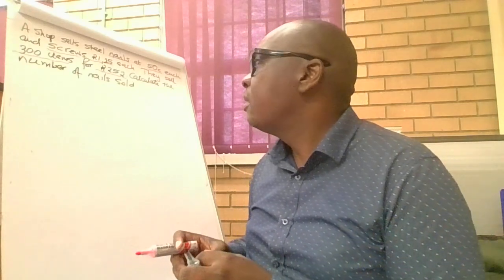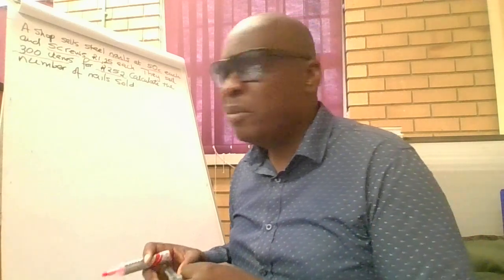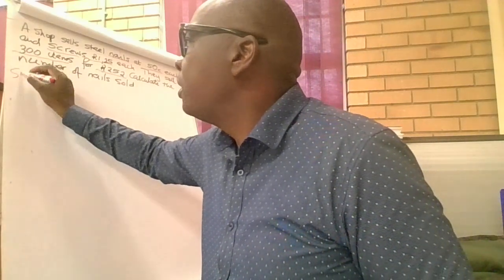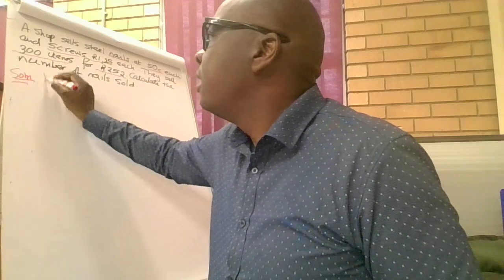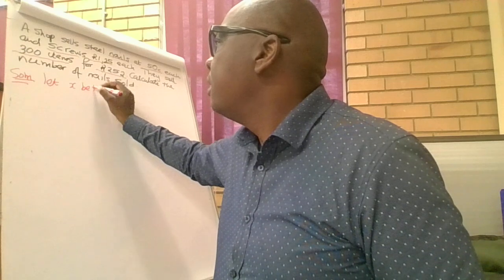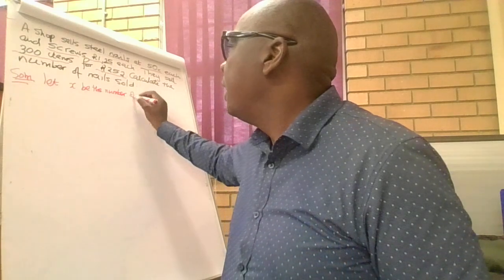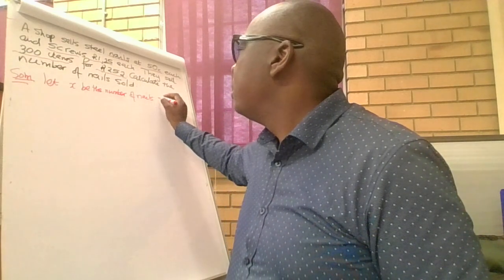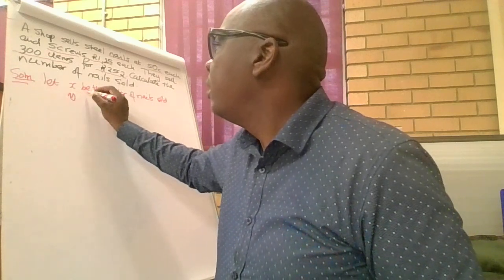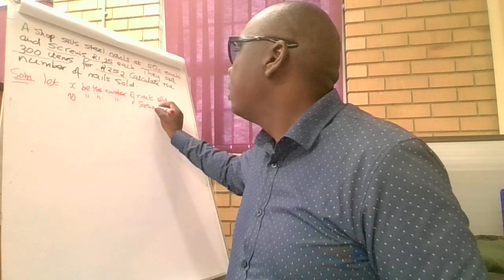We can formulate some equations here. But first, let's define some terms that we are going to use. In our solution, let x be the number of nails sold, and let y be the number of screws sold.